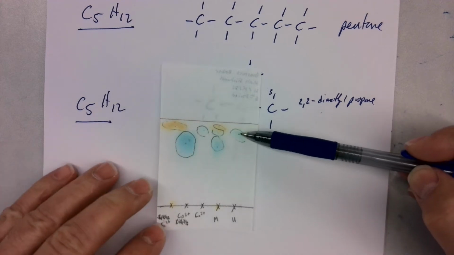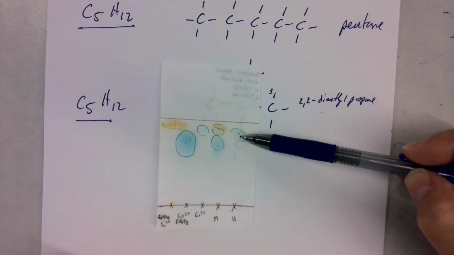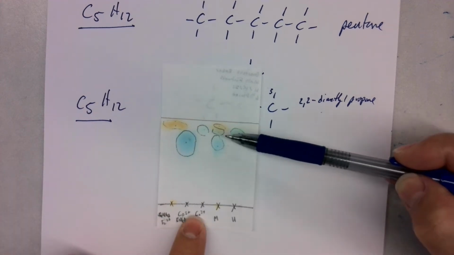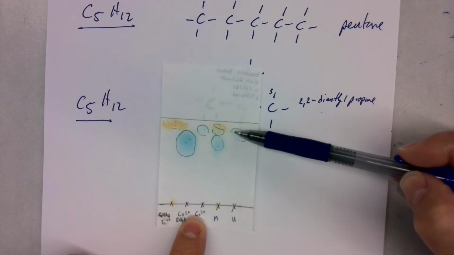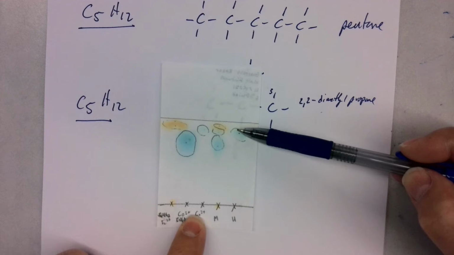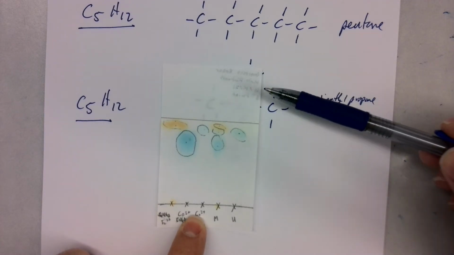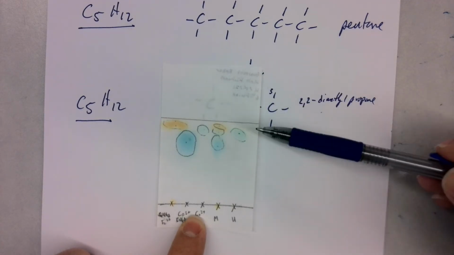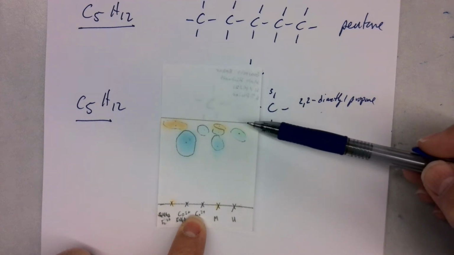And then obviously their unknown had to be copper. Same spot. If you did the math, I'm pretty sure they're going to have really close to the same RF value. So yeah, if yours doesn't look like this, you screwed it up.